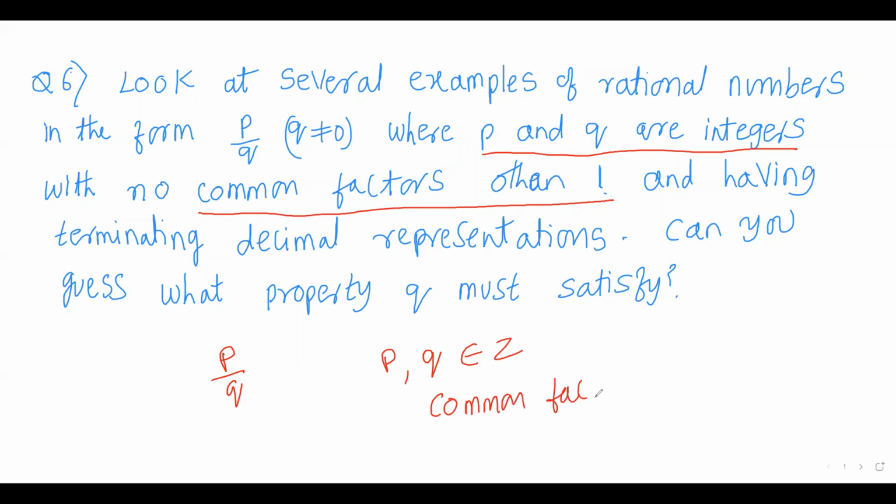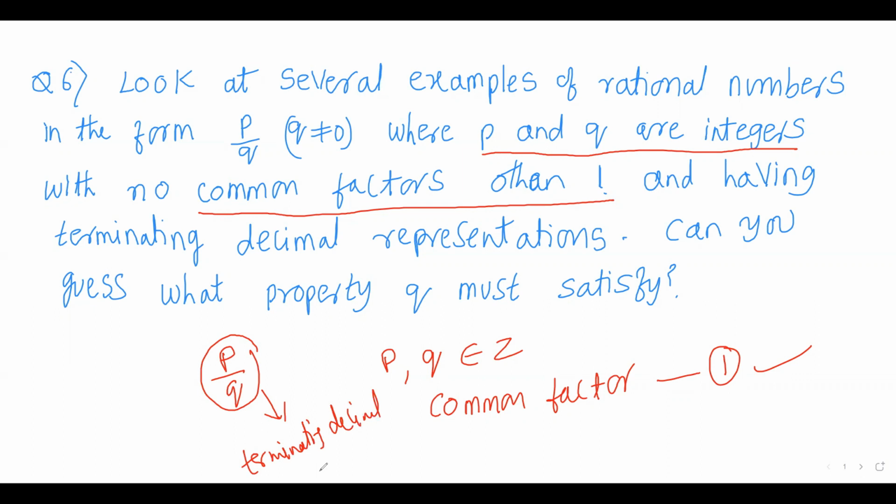And when you divide p by q, you should get a terminating decimal. You have to take such examples, and in all those examples, you should write down the property of the denominator. This is the question.